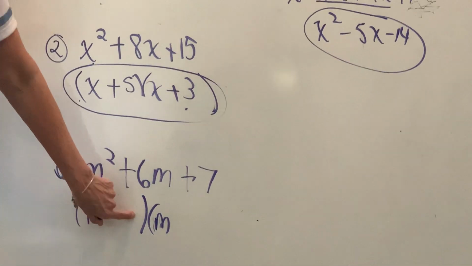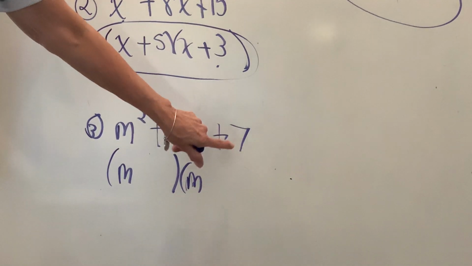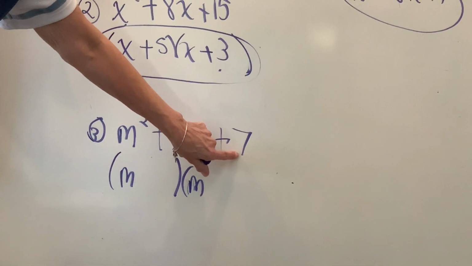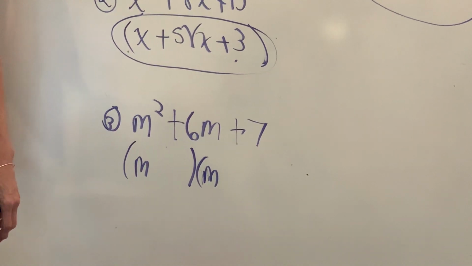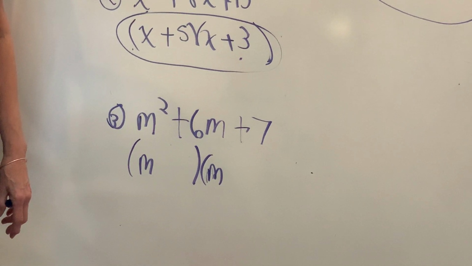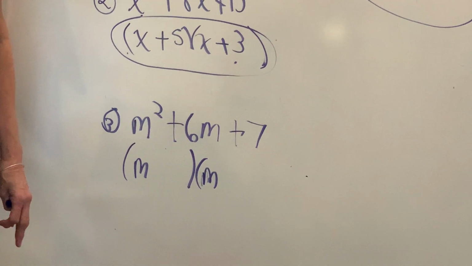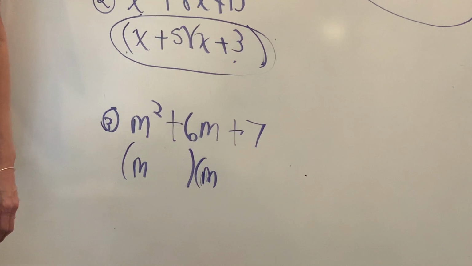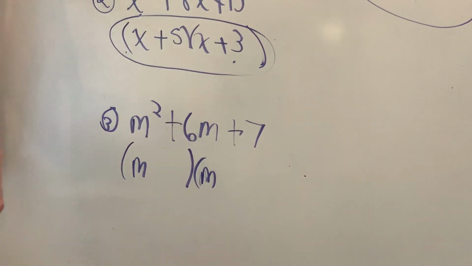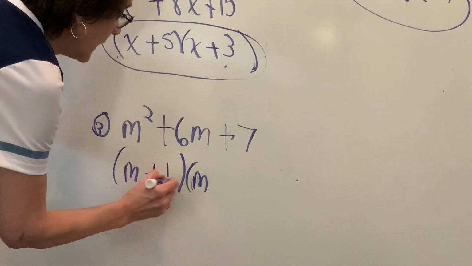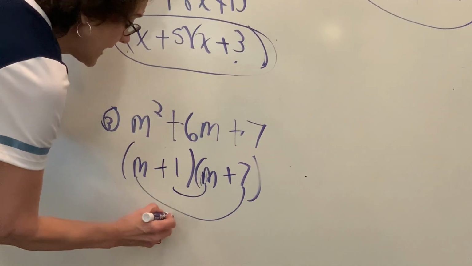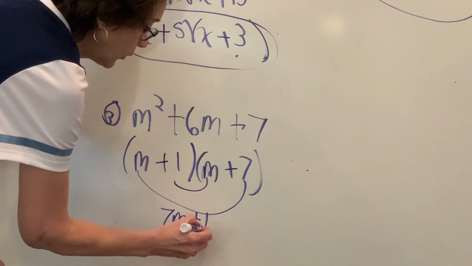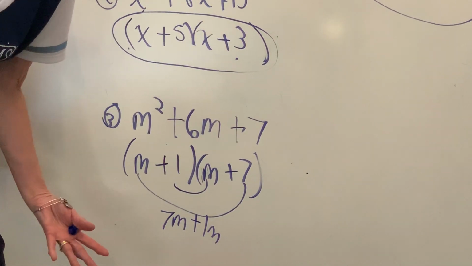Now, what last term times what last term multiplies to be 7, but it adds to be 6. Well, guys, there's only one way to multiply to be 7. Either negative 1 times negative 7 or positive 1 times positive 7. So if I do positive 1 and positive 7, my outers and inners would be 7m plus 1m, which would be 8m.